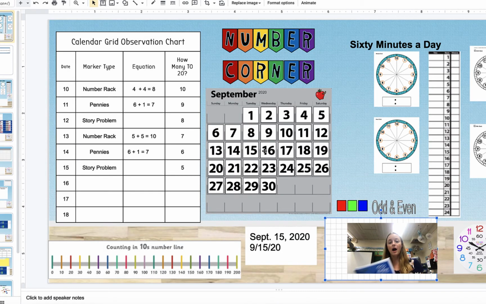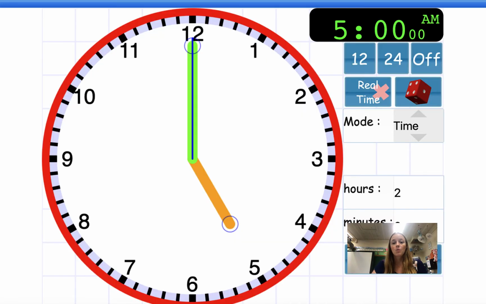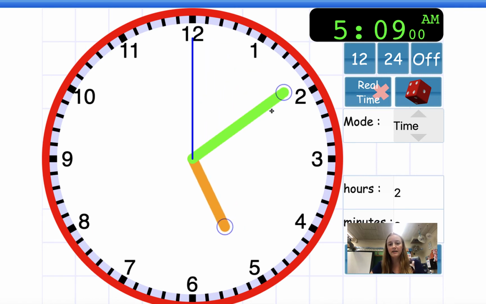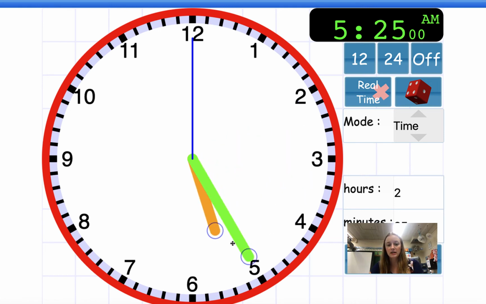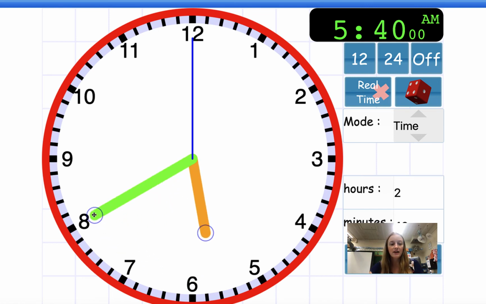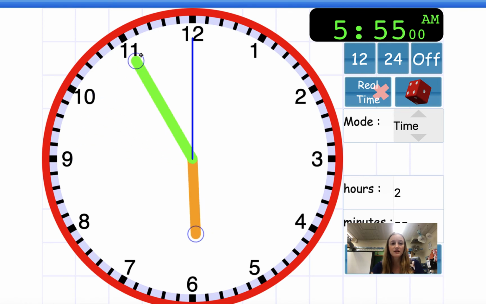Okay, so for our digital clock today, we had left off here at 5 o'clock, okay? We're going to keep counting. Remember, the hour hand is the little hand, and the large hand is the minute hand. So we're going to count a whole other hour: 5:05, 5:10, 5:15, 5:20, 5:25, 5:30, 5:35, 5:40, 5:45, 5:50, 5:55, and now we're at 6 o'clock.